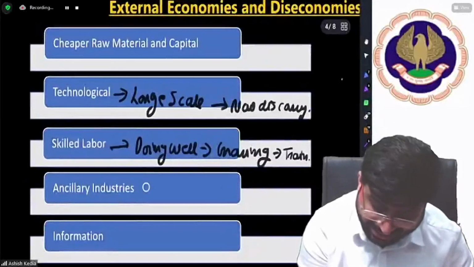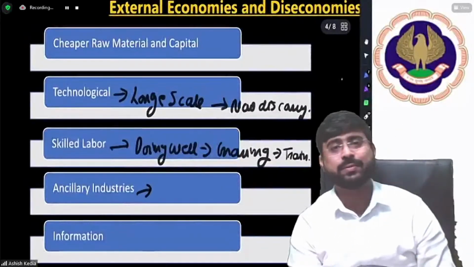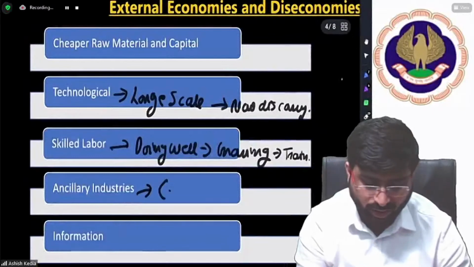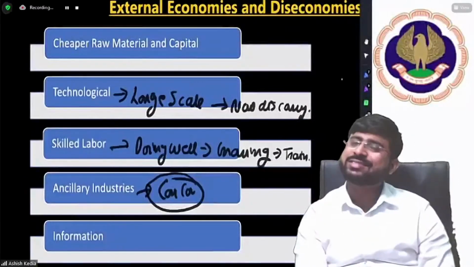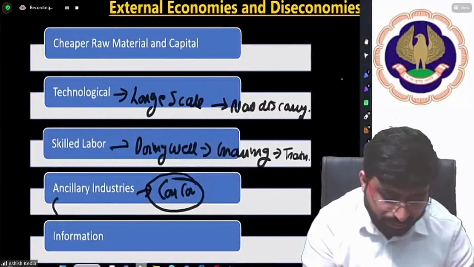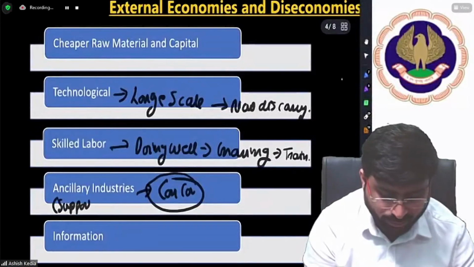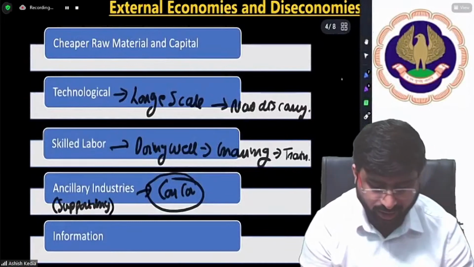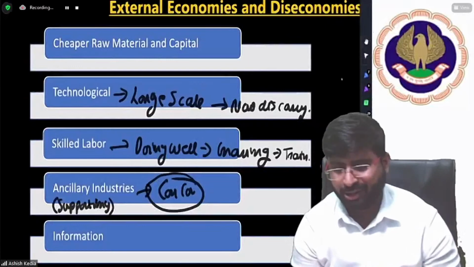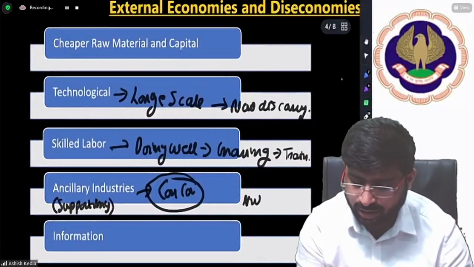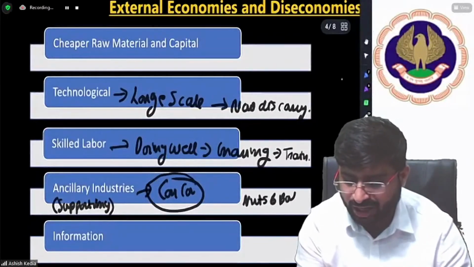Again, ancillary industries, very important, very good. Suppose, my dear friends, a lot of car companies are being set up. Now, what are these ancillary industries? Ancillary means supporting industry. So what they will do is, they will not start a car company. What they will do is they will start manufacturing nuts and bolts which are required for tires.